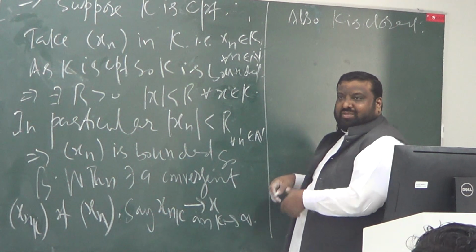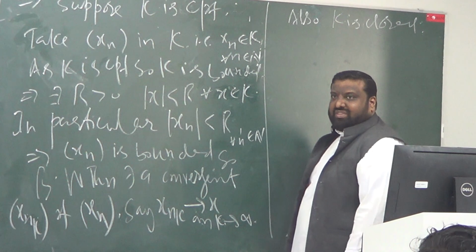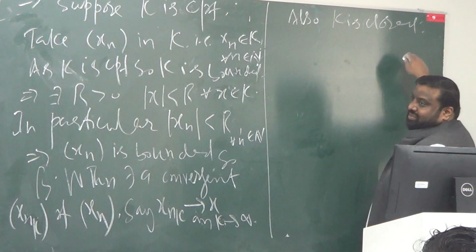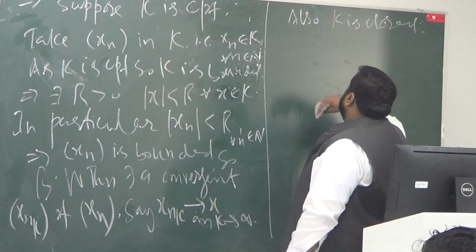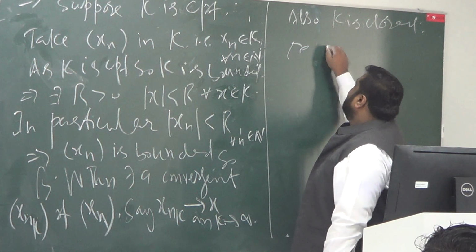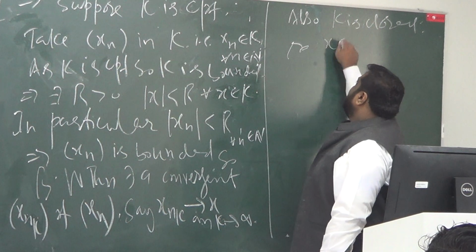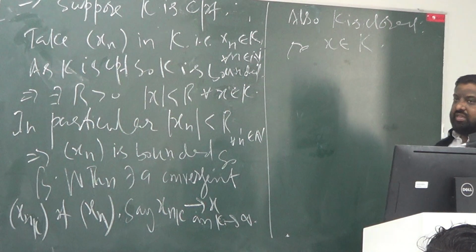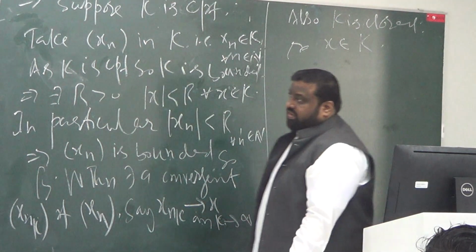Boundedness proves that such a convergent subsequence exists, and closedness makes sure that the limit goes inside. Since K is closed, x belongs to K. And that is simply the proof of one side.